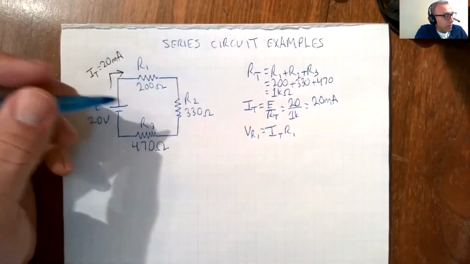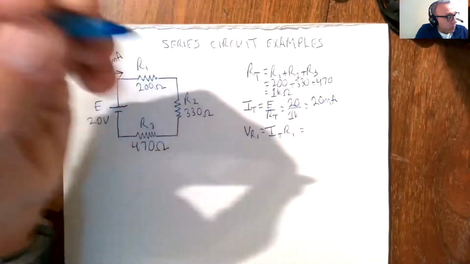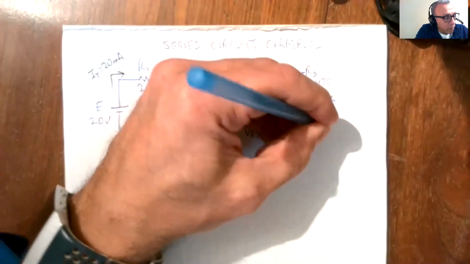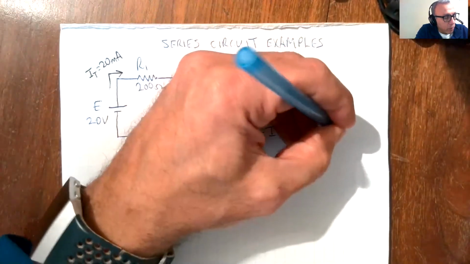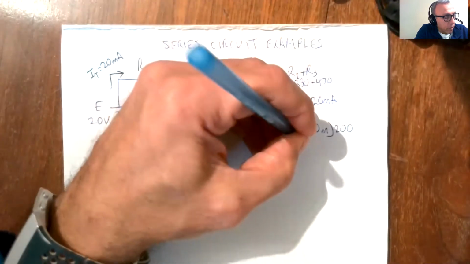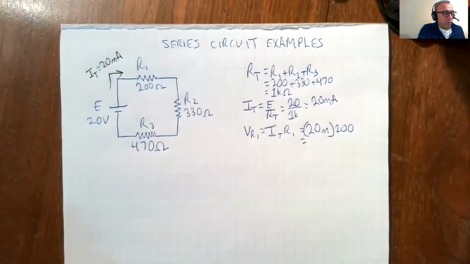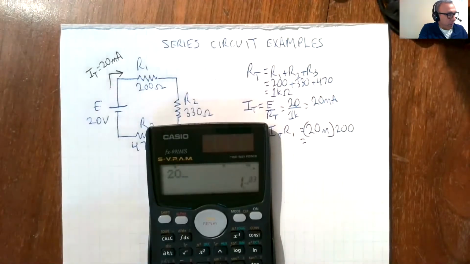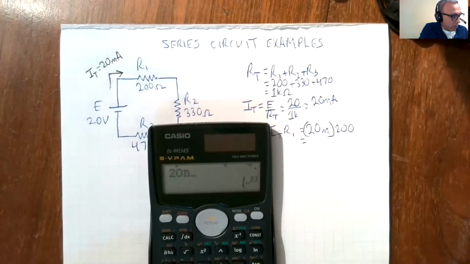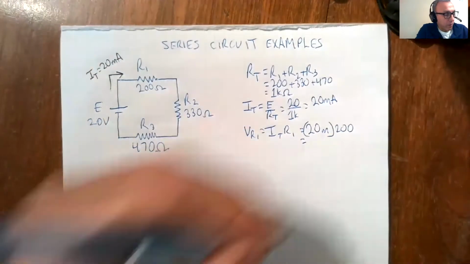So VR1 equals IT times R1, which is equal to 20 milliamps times 200 ohms, and that gives us 4 volts, okay?